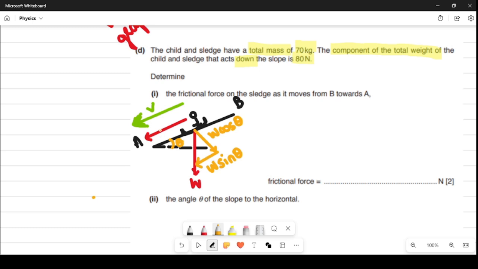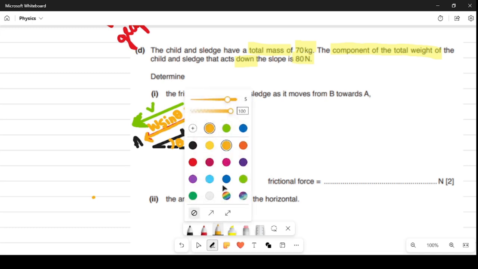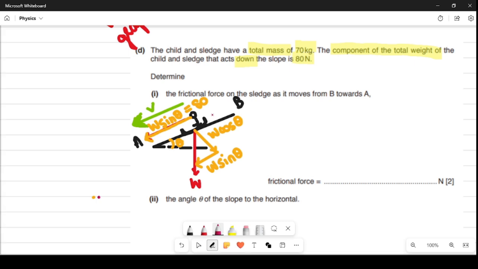Comparing, this W sin theta is basically what they've told us is equal to 80. We also know this is a frictional surface. There is going to be some friction. So let's draw friction. Here comes Mr. Friction, always in the opposite direction to the direction of motion.